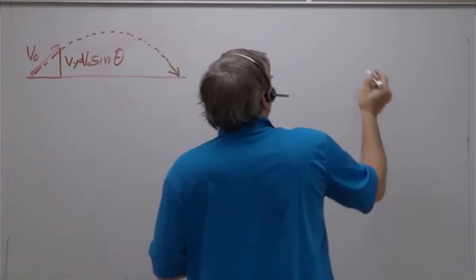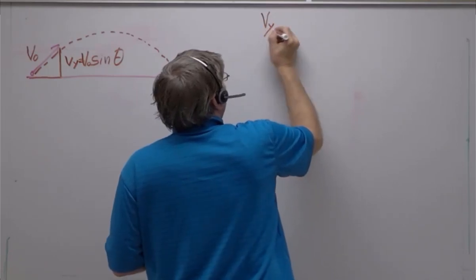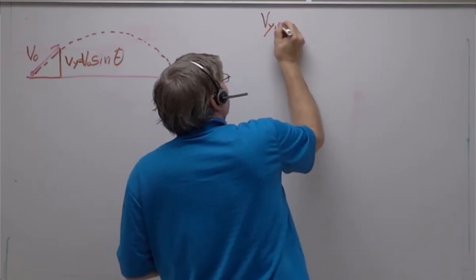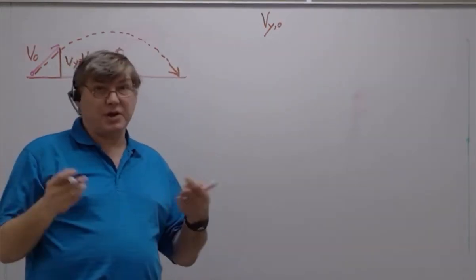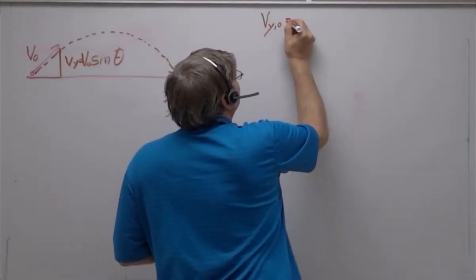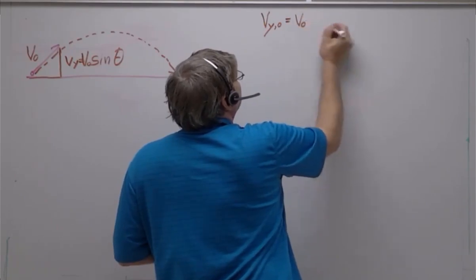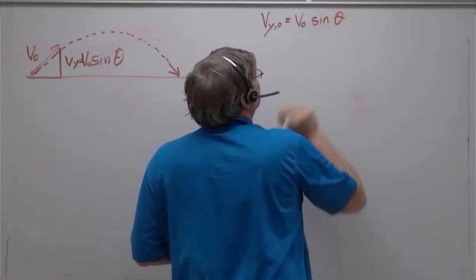So let's put that up here. So velocity in the y direction, and I'm going to put a comma here, and I'm going to say naught, V naught, because it's the initial velocity in y, because it obviously changes. V naught in the y is equal to V naught times the sine of the angle.